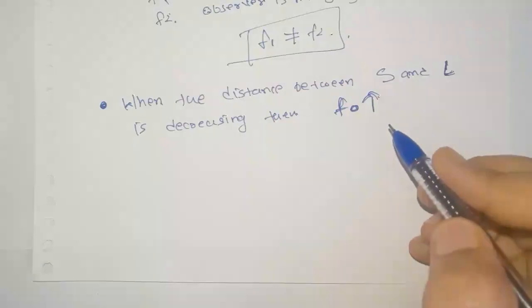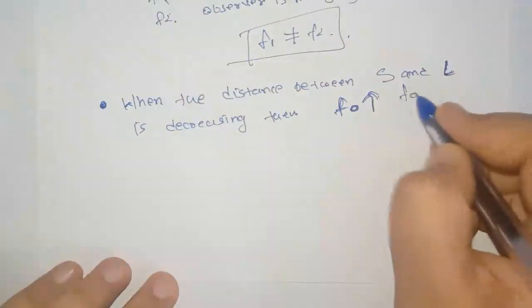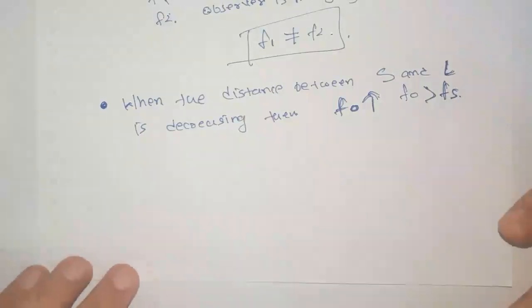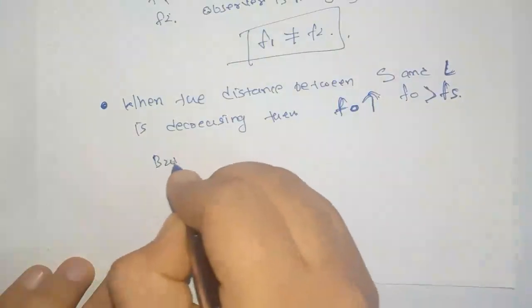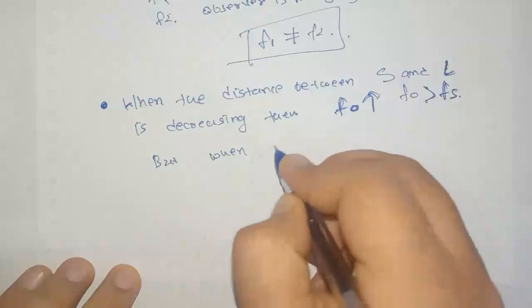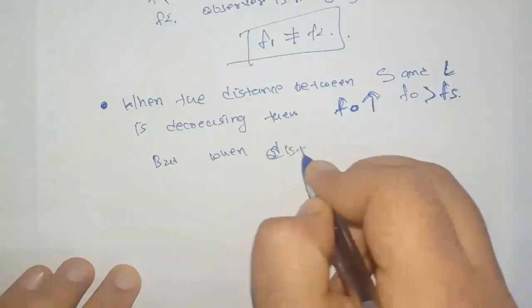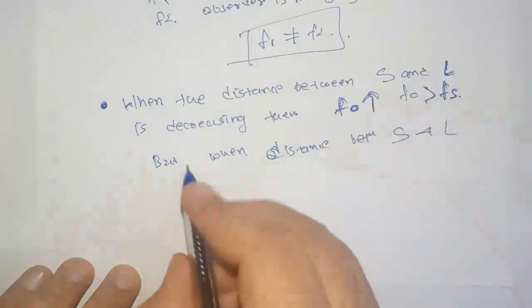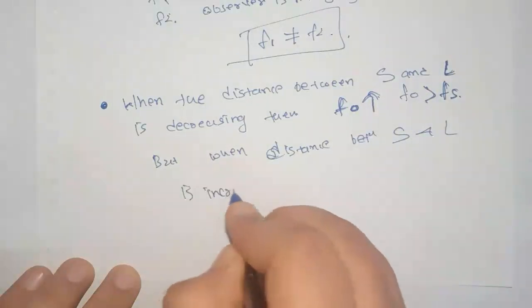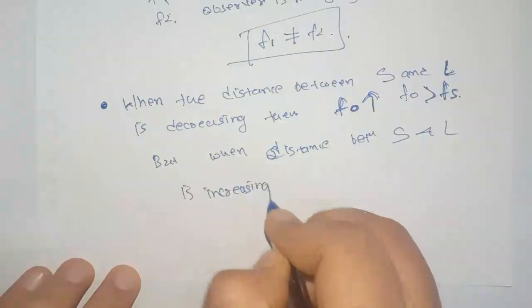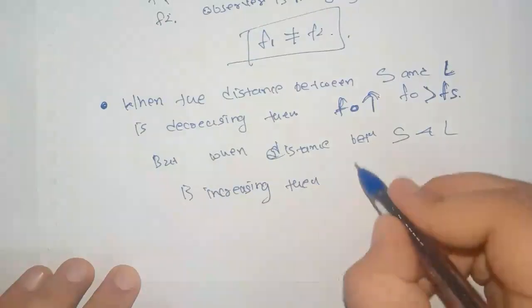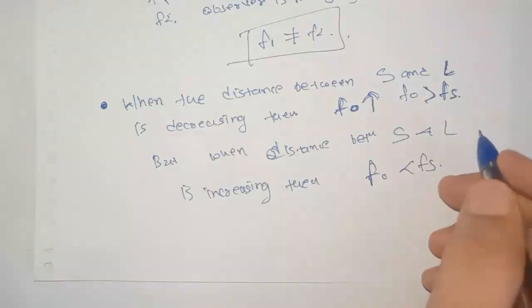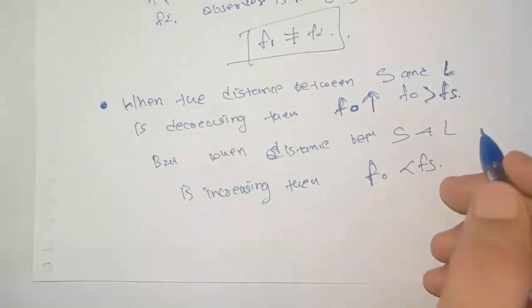That is, the apparent frequency heard is more than the actual frequency of source. But when the distance between source and listener is increasing, then the frequency observed is less than the frequency of source.